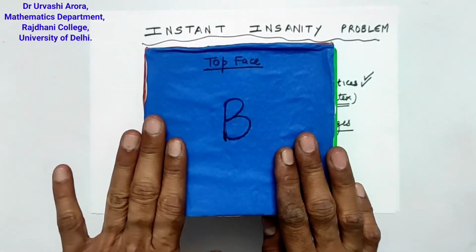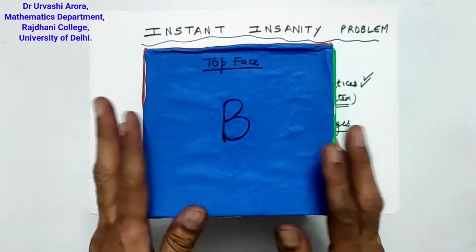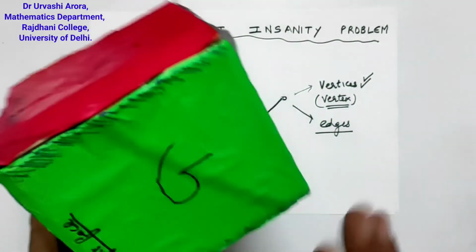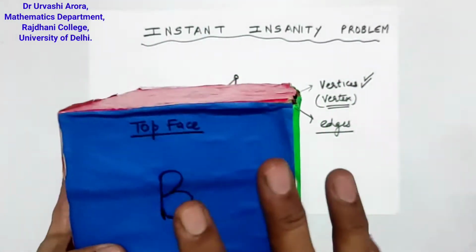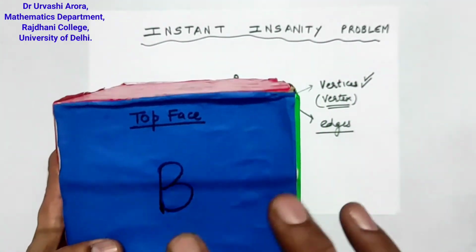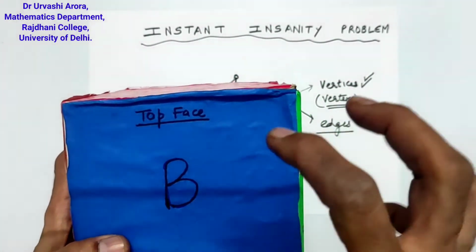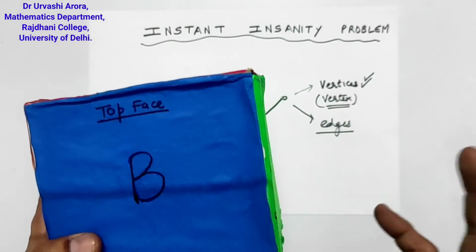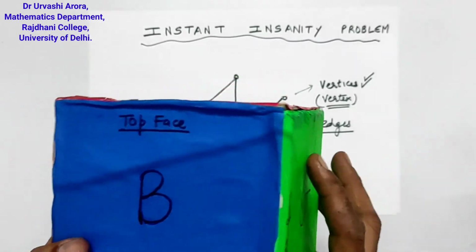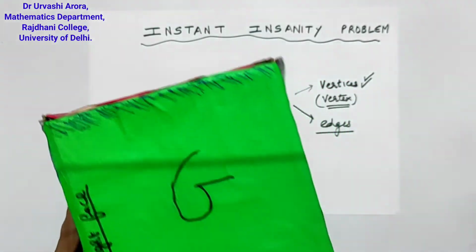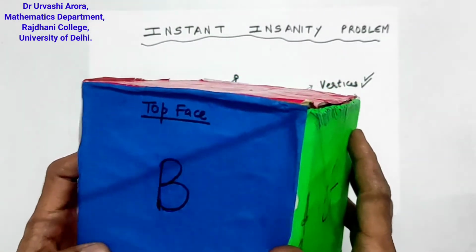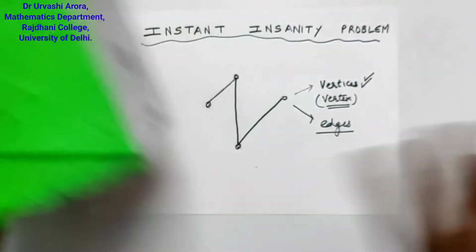Now we have to solve the instant insanity problem using graph theory. So we should be able to form a corresponding graph which relates to this problem. We should model this problem as a problem of graph theory, and that can be done by converting this three-dimensional cube into a two-dimensional structure by opening it up and flattening it.